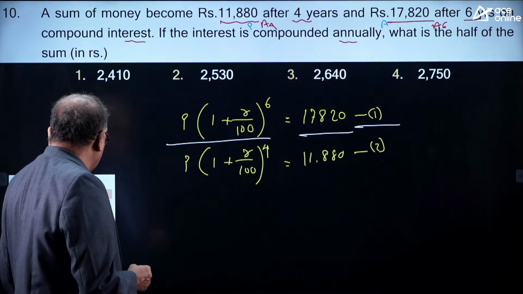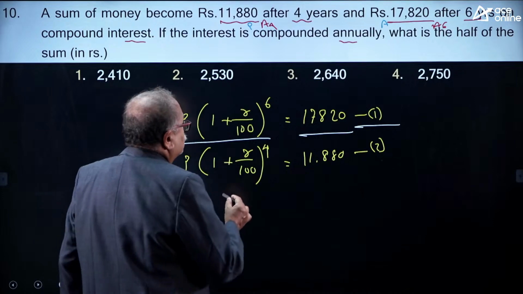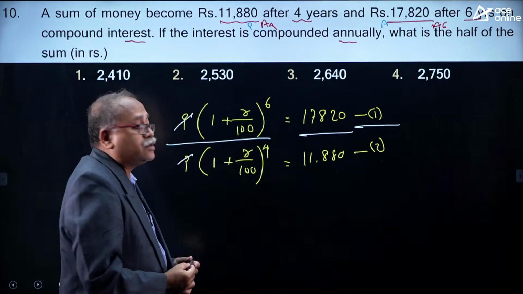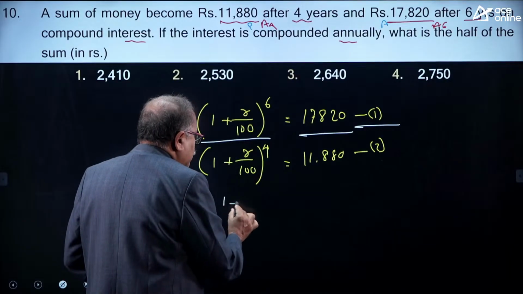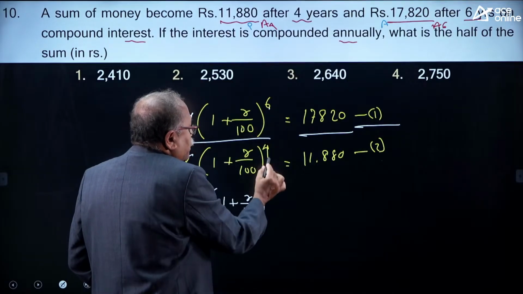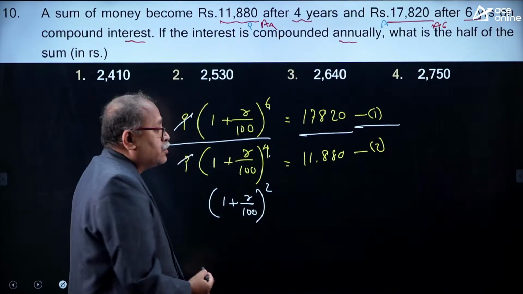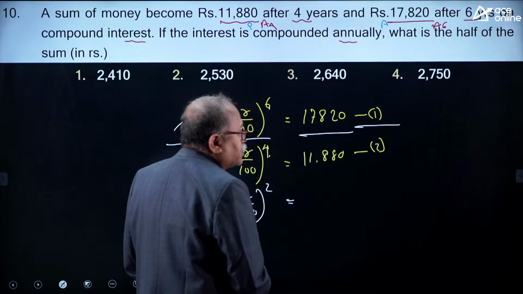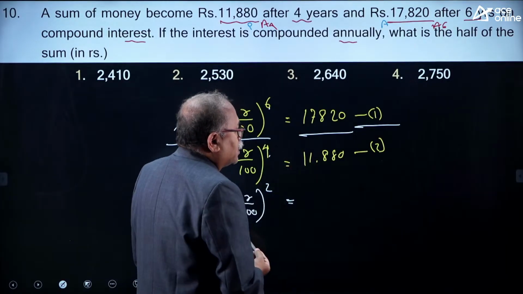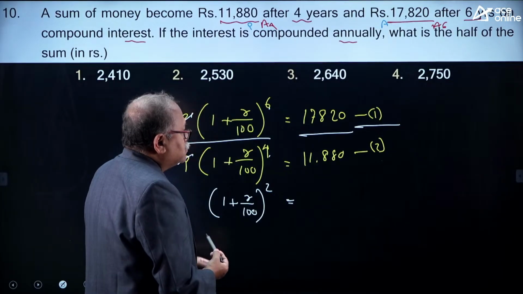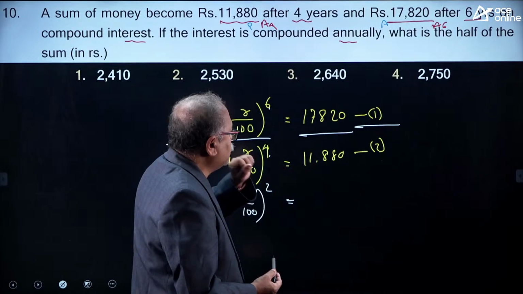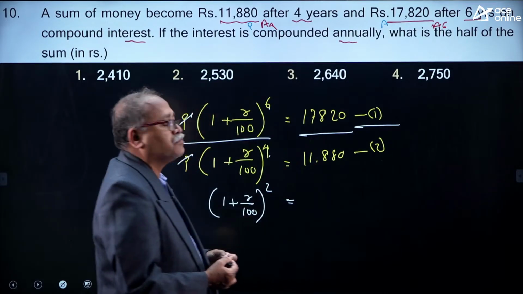So when I cancel this part, P and P get cancelled, and I will get 1 plus r by 100 to the whole power 6 minus 4, which is 2, which is equal to, here you are expected to cancel these numbers, 17,820 and 11,880.